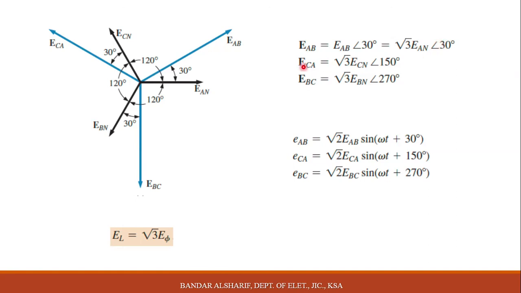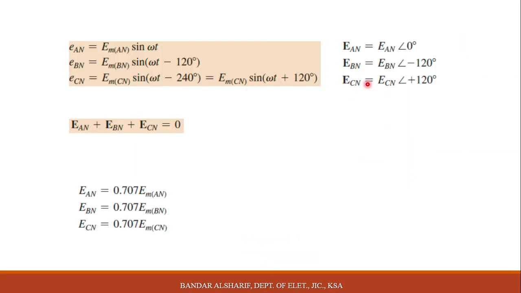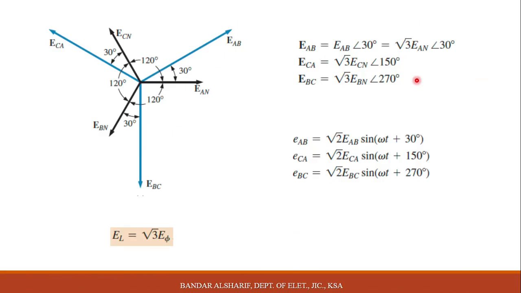What about ECA, the line voltage for CA? You will multiply the phase value for CN by root 3, then add 30 to 120. If you remember, here it was 120. This means 120 plus 30, you will get 150.